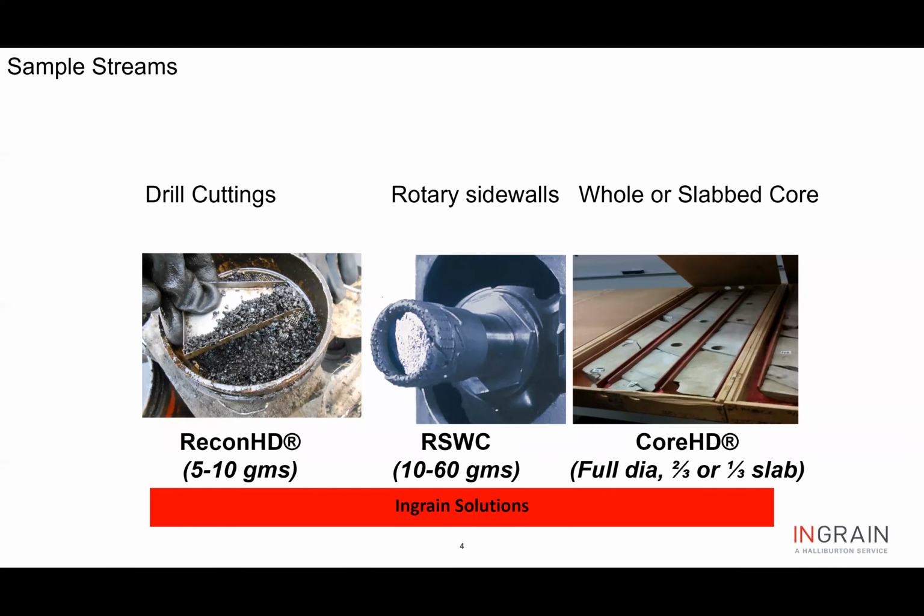Or if it's coming from another lab, generally as soon as the core arrives in the lab, they extrude it and they slab the core. So we can actually work from a slab core as well. It does not necessarily have to be always a whole core. So ideally, these are the three different sources of the samples that we can analyze or digitize to get into our computer.